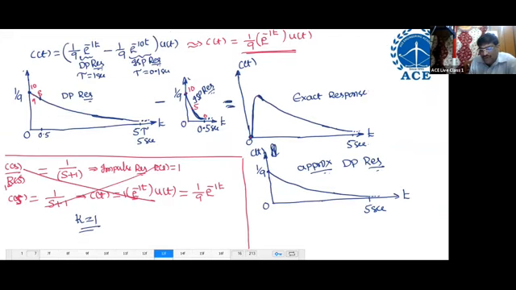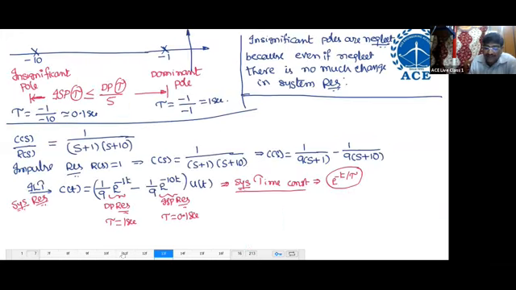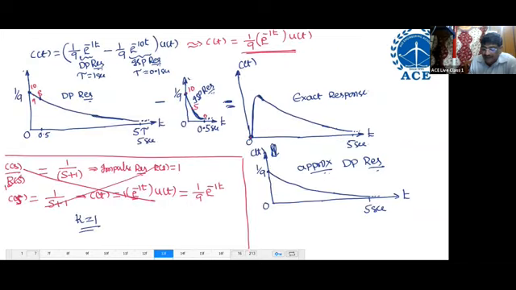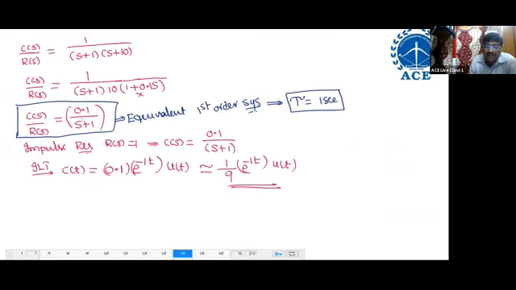If you add any pole or neglect any pole, system gain should not change. You find the system gain here: 0.1. What is the first order system gain here? 0.1. Both should be the same. That's why insignificant poles should be neglected only in the time constant form.